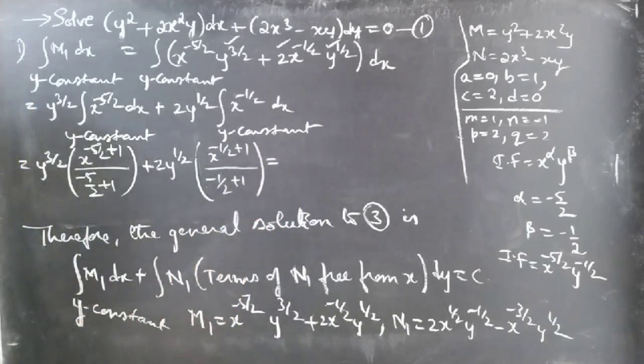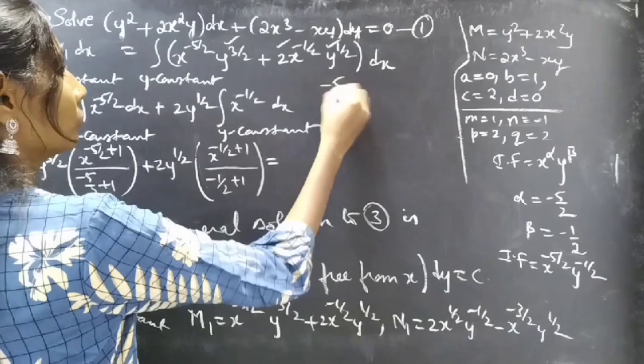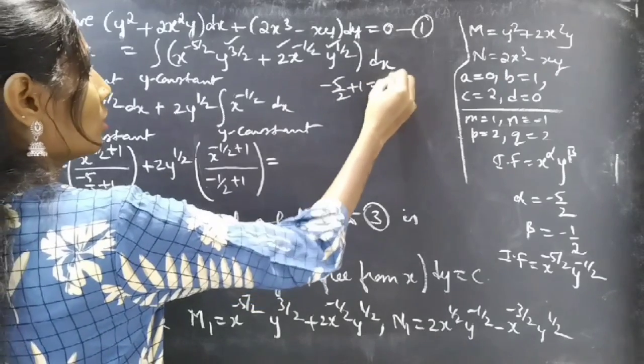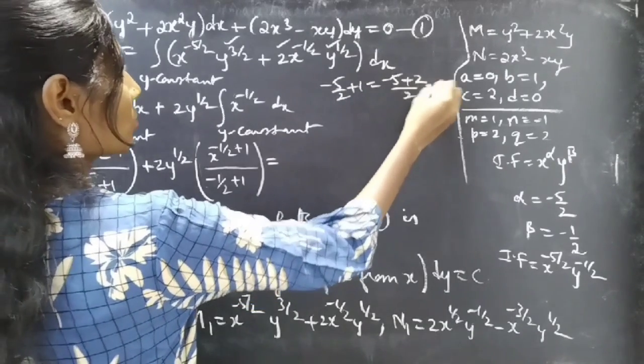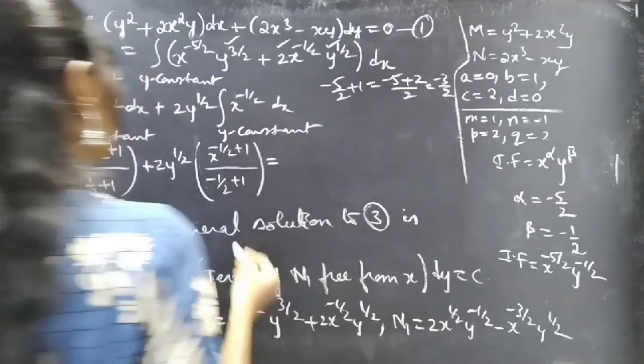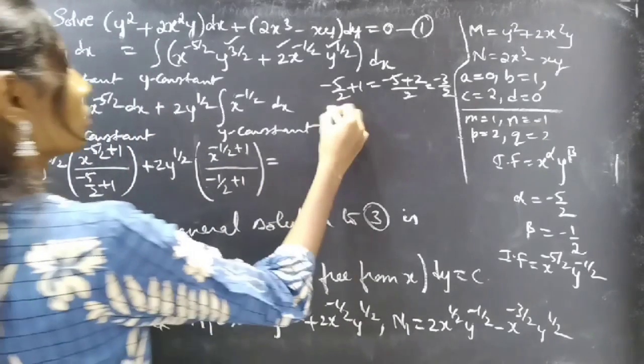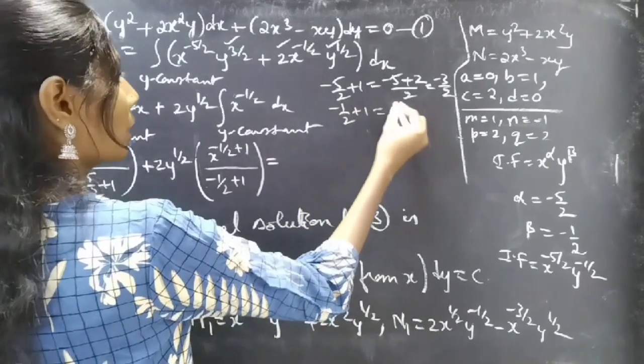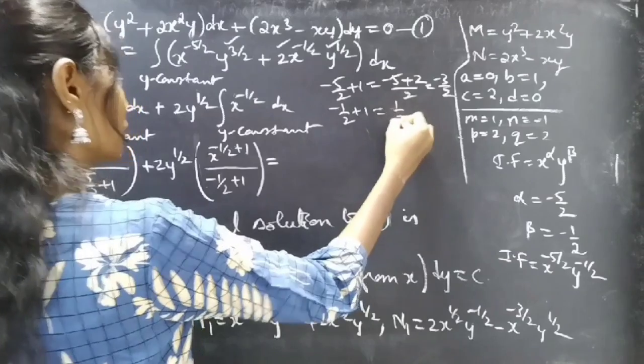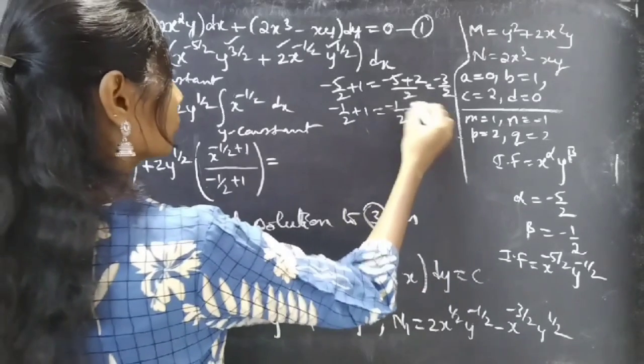This gives us minus 5 by 2 plus 1 is minus 5 plus 2 by 2, this equals to minus 3 by 2, and minus 1 by 2 plus 1, that is 1 minus half is half, right?